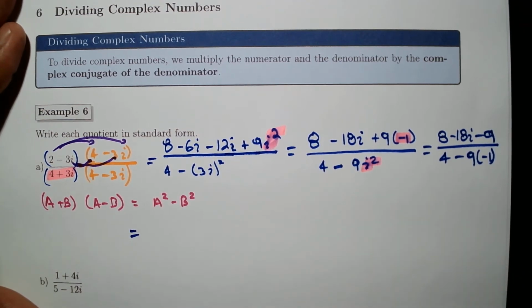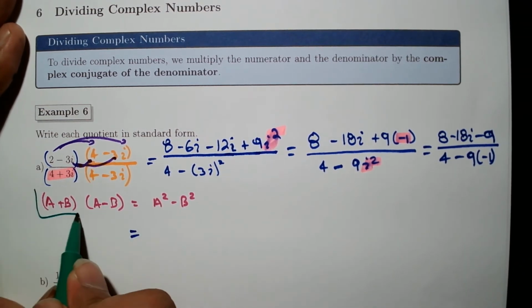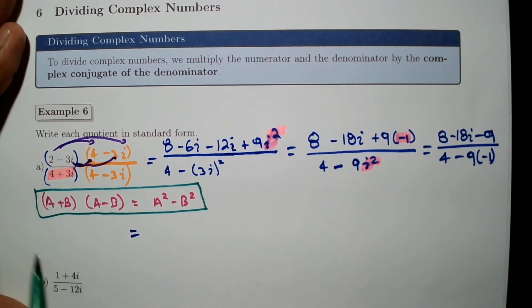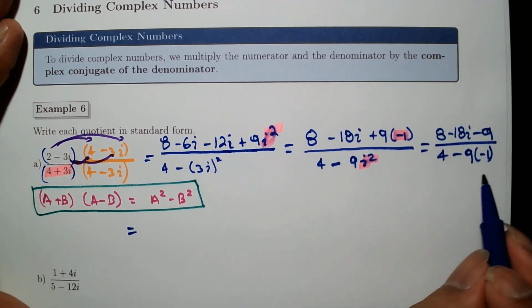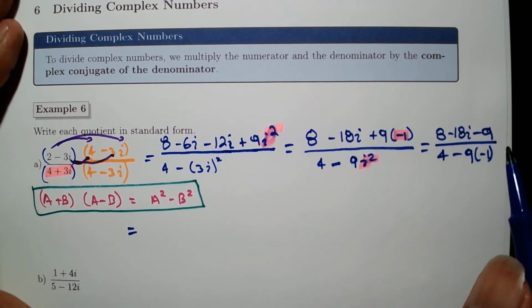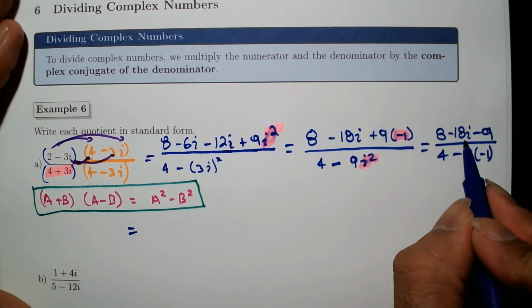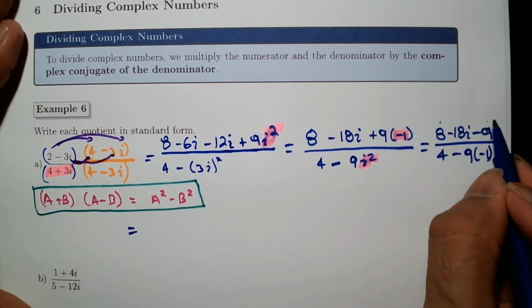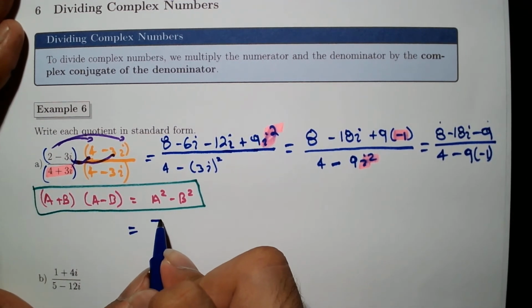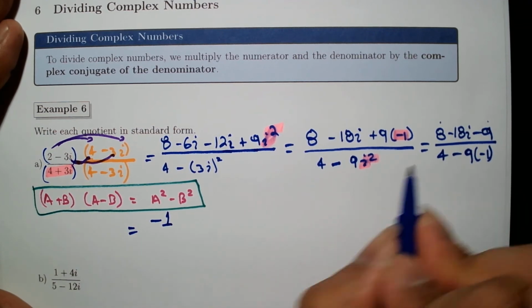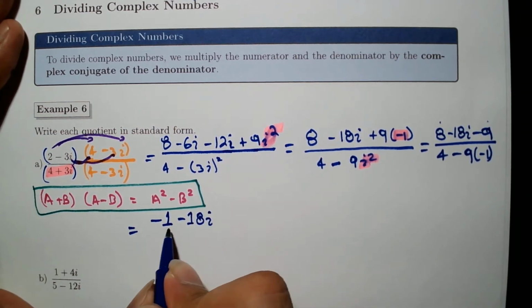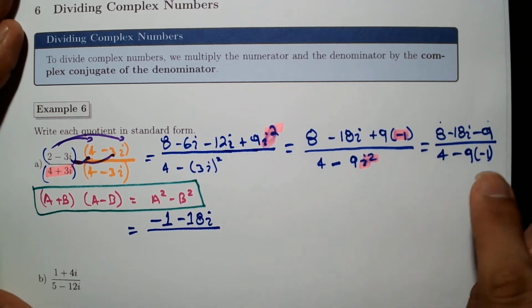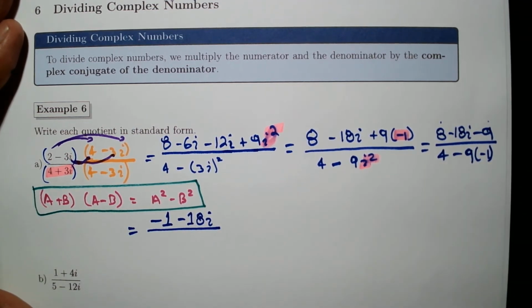So let me actually put a box around this, so we don't get confused. It's not part of the process, that way we can delimit. And so 8 minus 9, reals with reals again, so that's going to be negative 1 minus 18i divided by 4 plus 9.